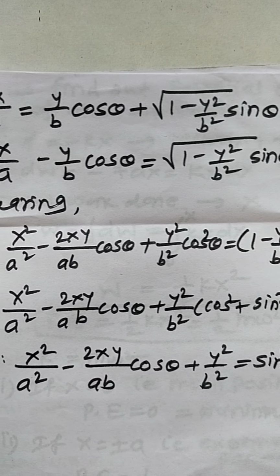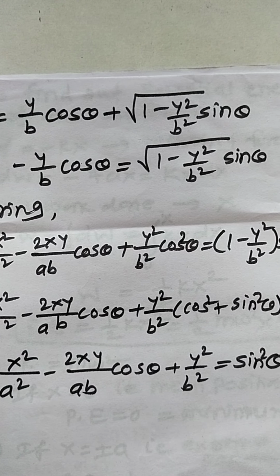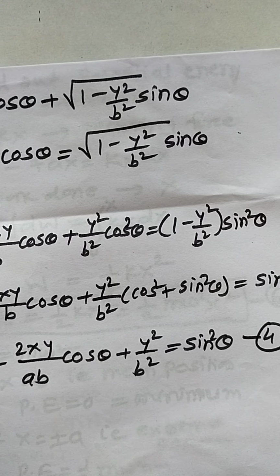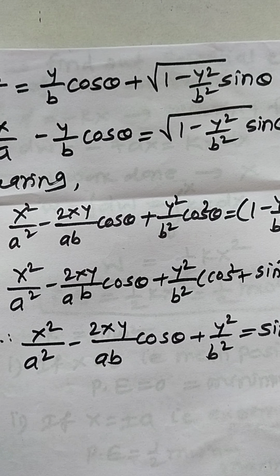x square upon a square minus 2xy upon ab cos of theta plus y square upon b square is equal to sine square theta, that is equation number 4.